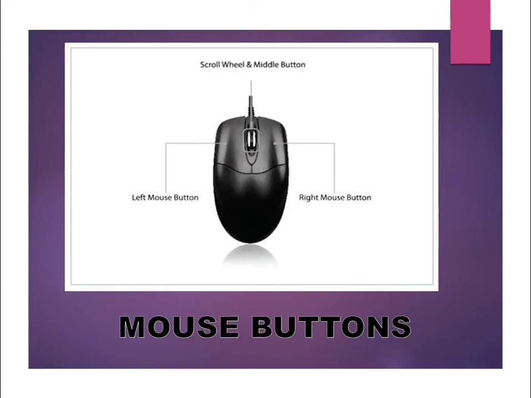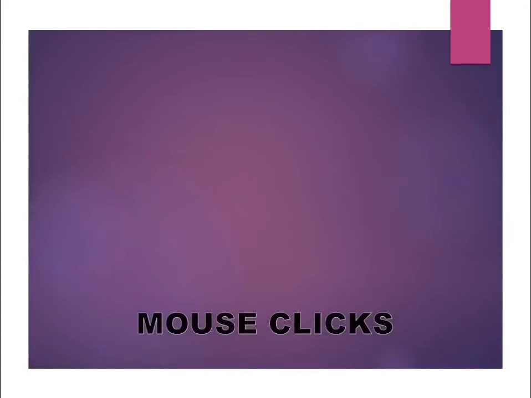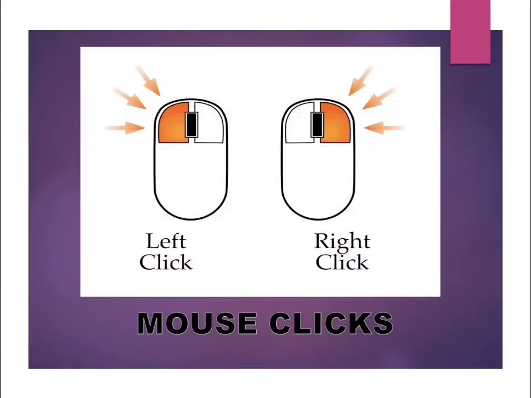Let us see one by one how they work and what their function is. When we press the left button of the mouse, it is known as the left click, whereas when we press the right button of the mouse, it is known as the right click.